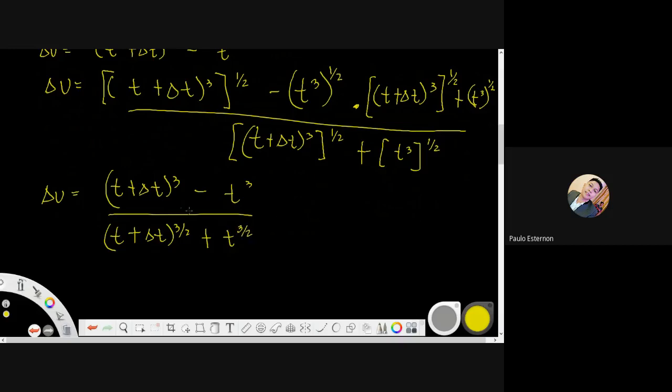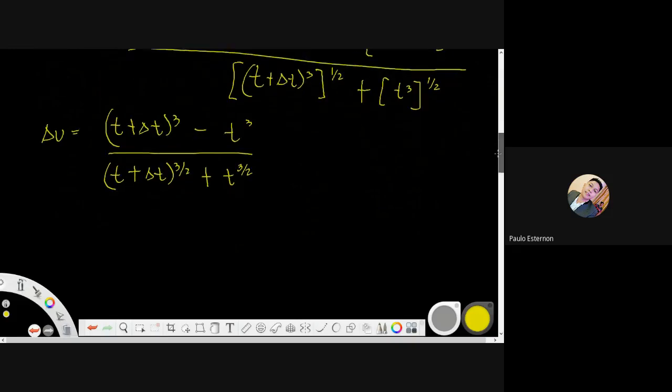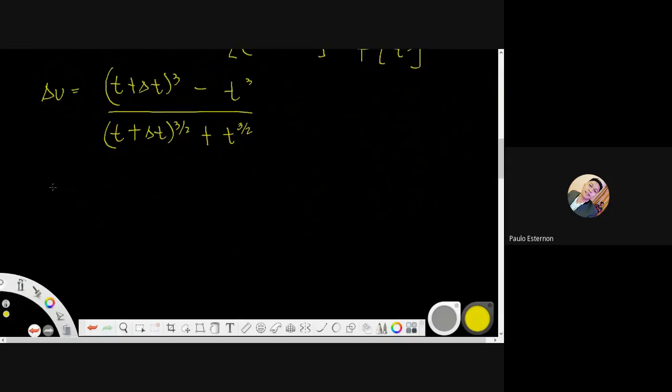Now simplifying this by expanding the t plus delta t cubed, we have the coefficients 1, 3, 3, 1 from our binomial expansion using Pascal's triangle.